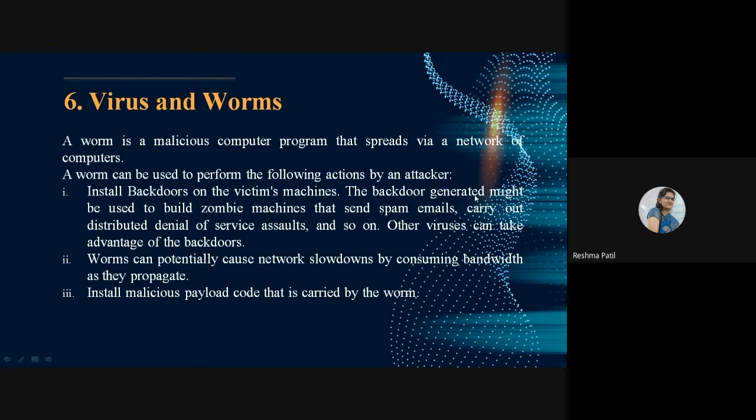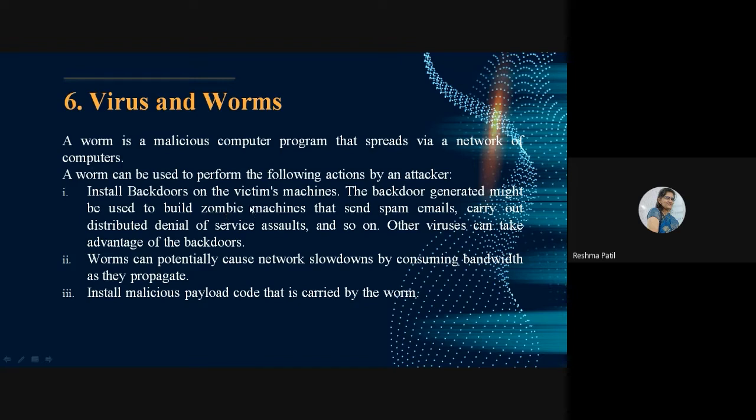The backdoor generated might be used to build a zombie machine that sends spam emails, carries out distributed denial of service assaults, and so on. Zombie machine means infected machine. Once that machine is infected, the person who controls this machine can infect another machine in the network of this machine.